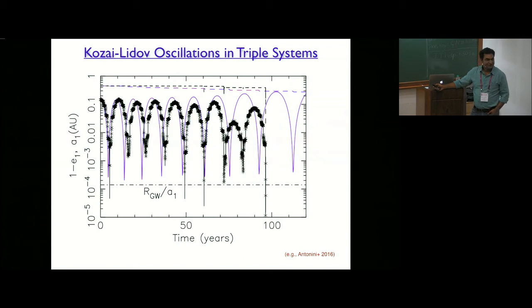This figure was not shown there as an illustration of the Kozai-Lidov effect. This was an illustration of why you need to do the hard AR chain integration, and secular equations don't work in systems like this. So the blue lines are what you would think the evolution is for up to octupole order secular equations. The black one is with gravitational waves, AR chain, all the bells and whistles, a very good integrator. And as you can see, the evolutions are very different.